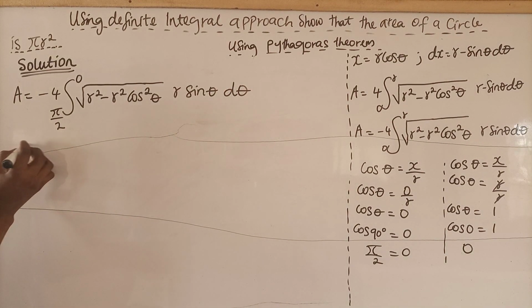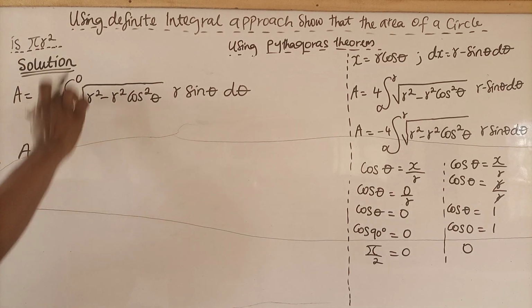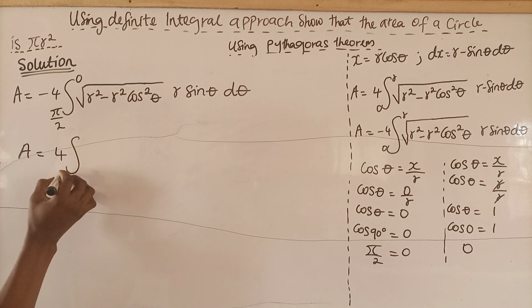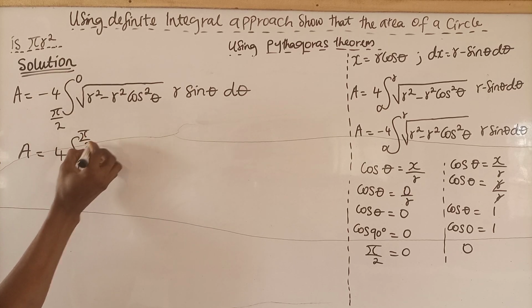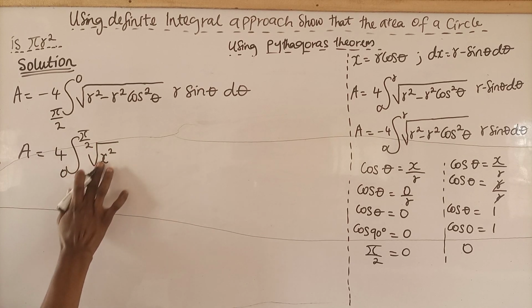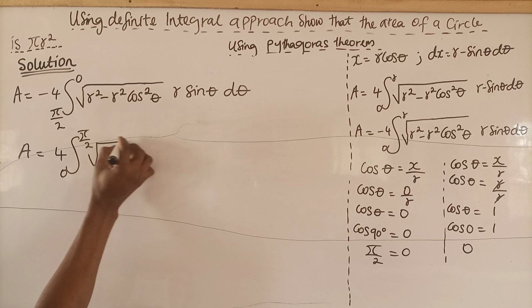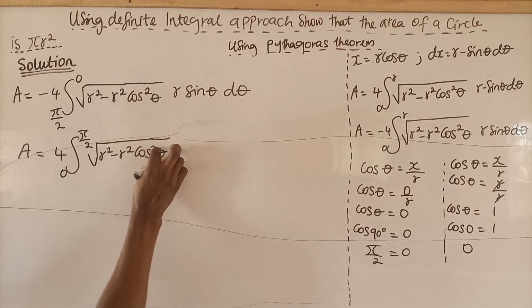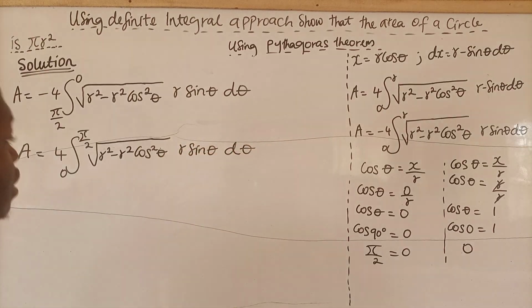So we are going to have area is equal to, we can remove this minus 4 by flipping the limits. So it's going to be 4 integral from 0. This 0 will come down, this pi over 2 will go up, so that the minus will go. Square root of r squared minus r squared cos squared theta, then multiply r sine theta d theta.